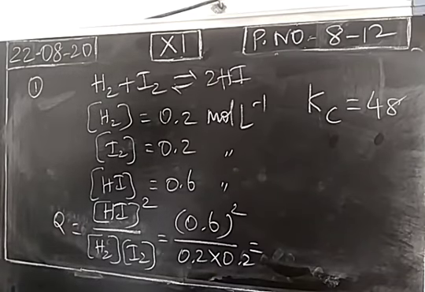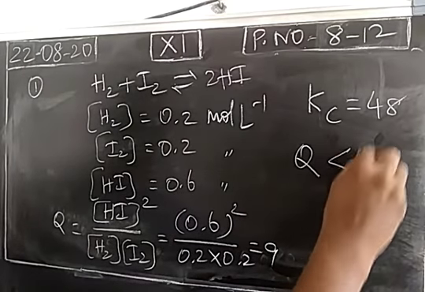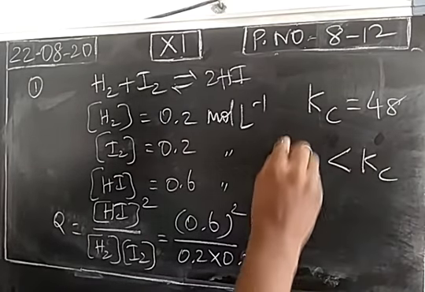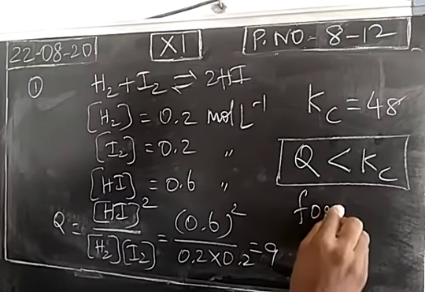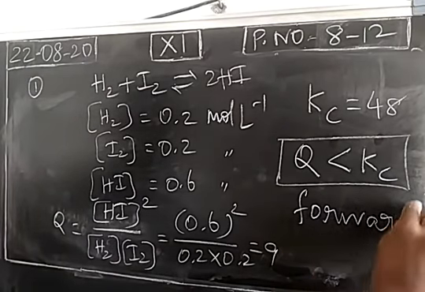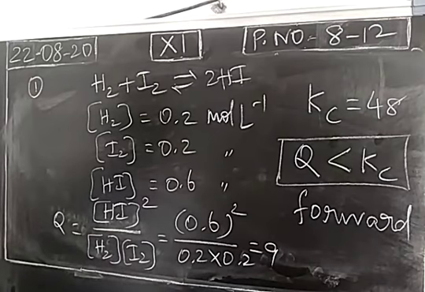So the answer is 9. So Q value is less than Kc. So what is the direction of the reaction? The reaction is proceeding towards the forward side. So the forward reaction will be favored.